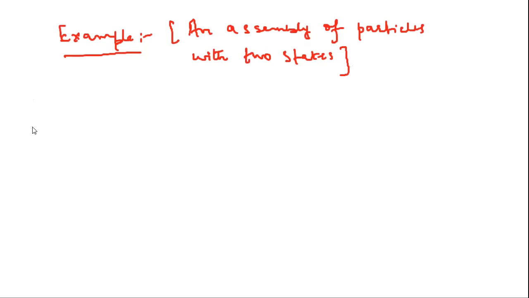Let me use another color here. Sometimes it is called spin-half solid. So our assembly of particles with two states, which we discussed, also called spin-half solid.